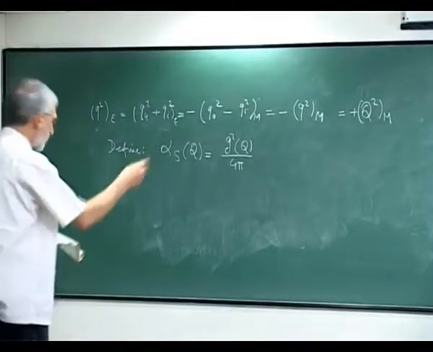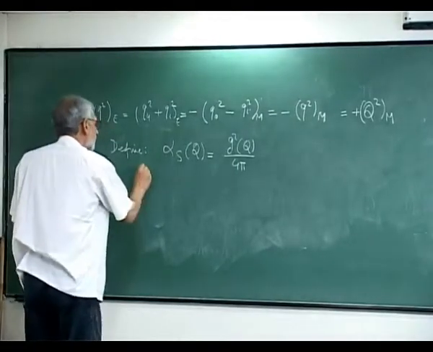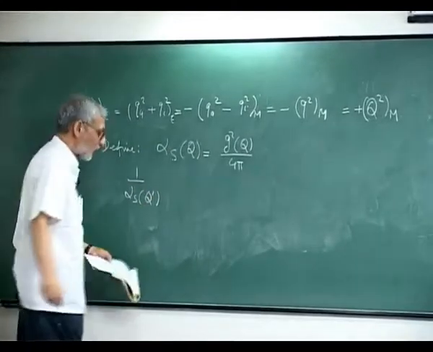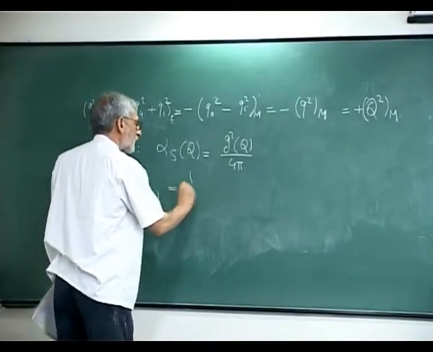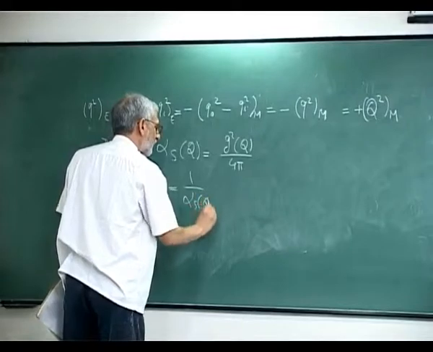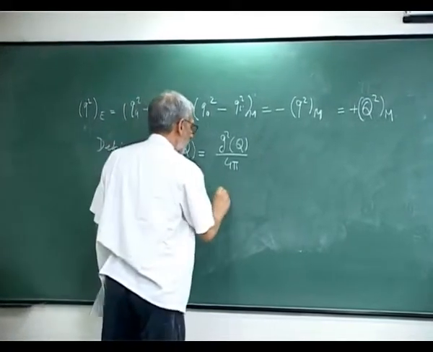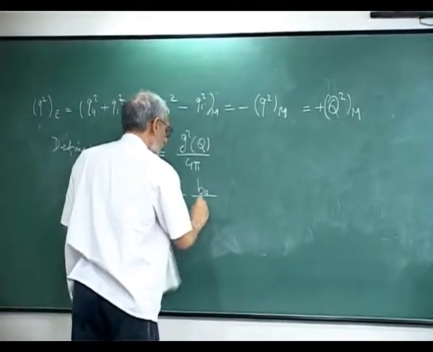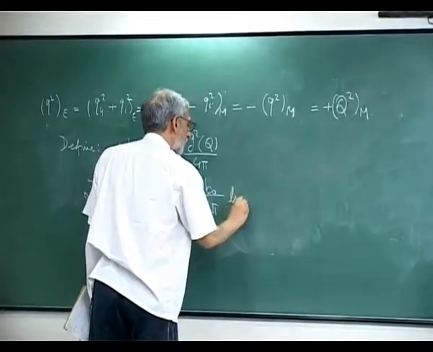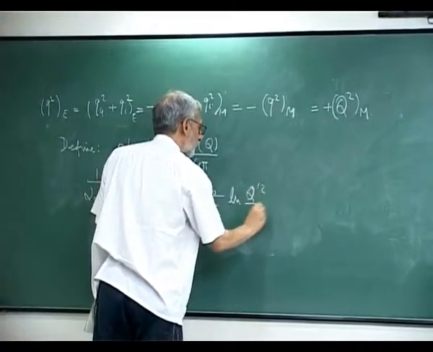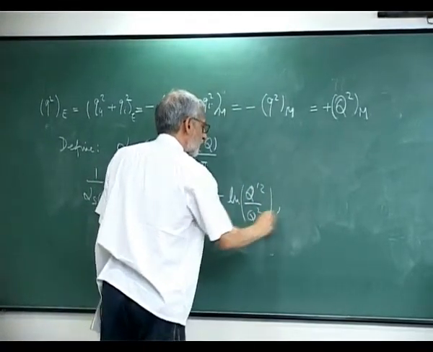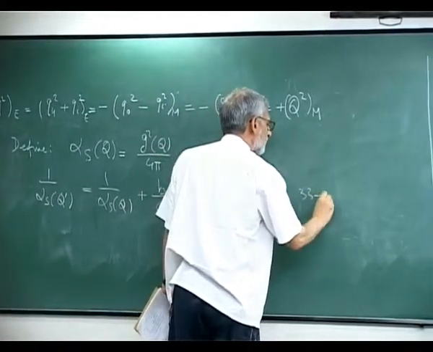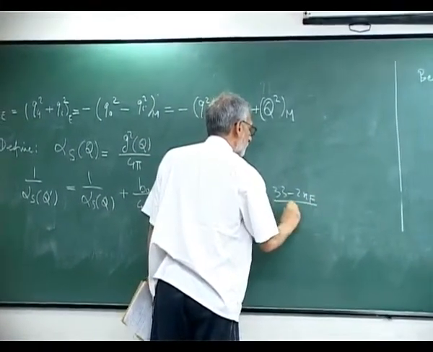So from what we have learned earlier, alpha s of momentum q prime is related to alpha s of momentum q by, I've given a name now, b0 by 4 pi log q prime square by q square, where b0 is 33 minus 2 nf by 3.